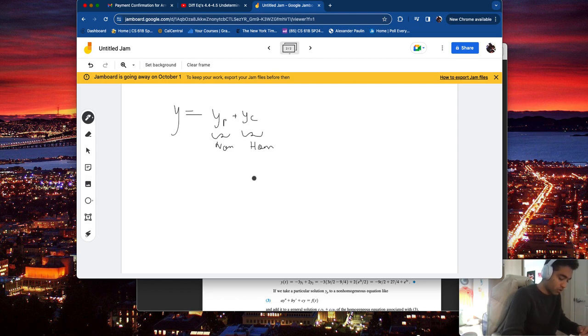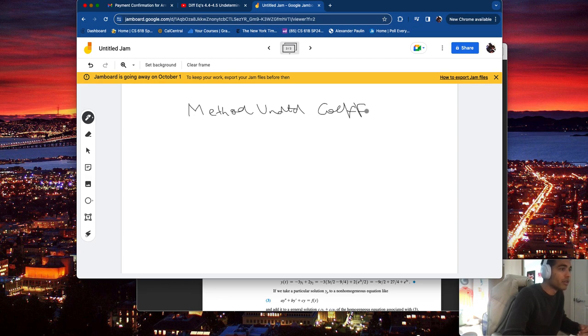So you know how to find the homogeneous case, so you just find that, and then we move on to the more difficult part, which is finding the particular solution, the non-homogeneous case. The way you would do this is through using the method of undetermined coefficients.